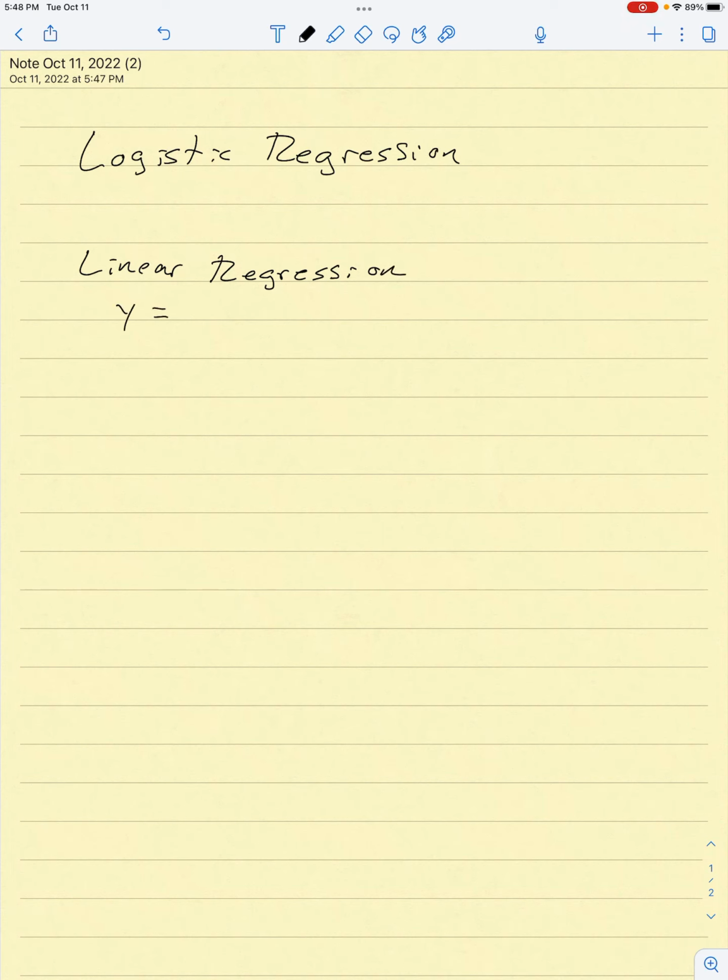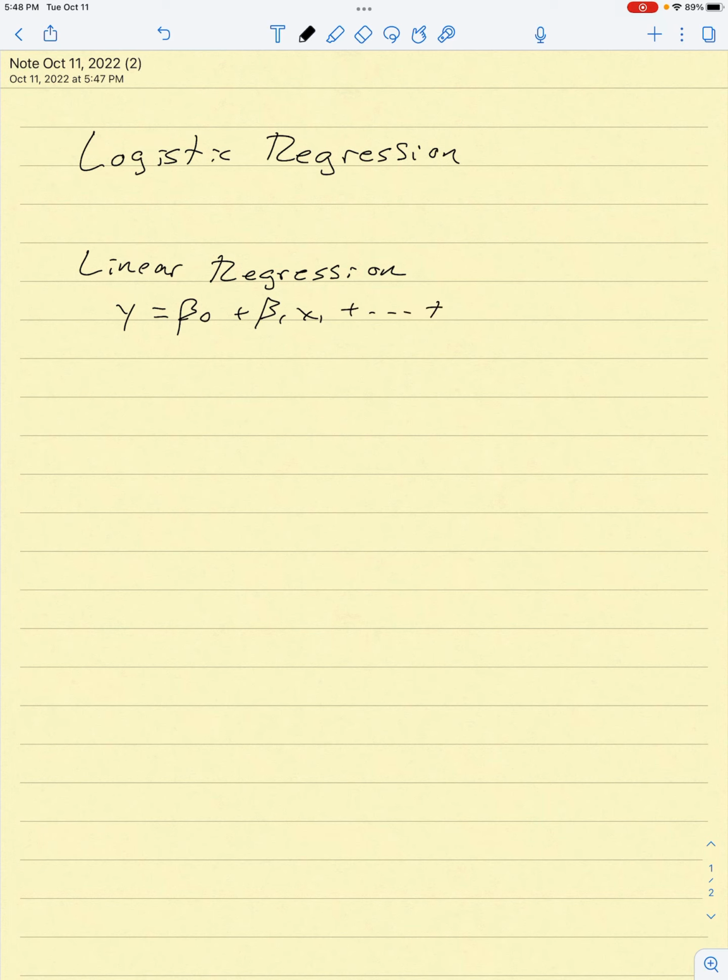Hi everyone, so here we're going to be talking about logistic regression. Before we talked about linear regression, where we were able to use numerical independent variables to make the equation of a line in multiple dimensions.